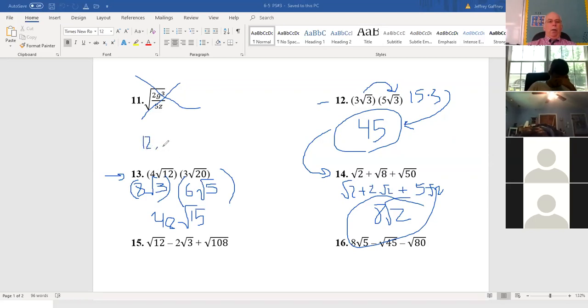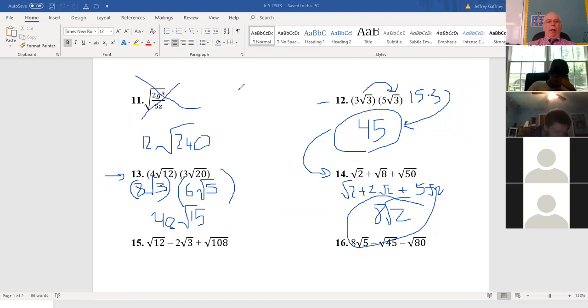So you end up with 12 times 20, which is 240, right? Yeah. So 240, now we have to go fishing for perfect squares. So 240, and I'm just going to do it from experience.